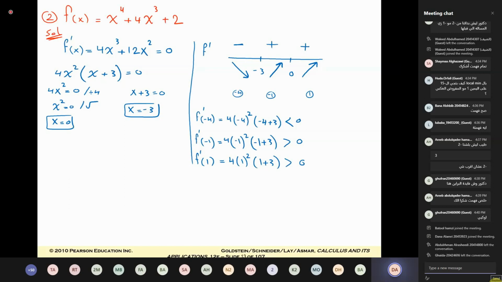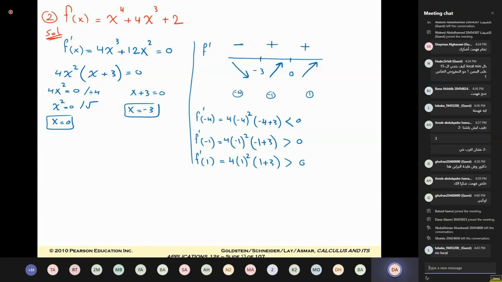Now at -3 we have local minimum, but in this example we have no local maxima. Good.